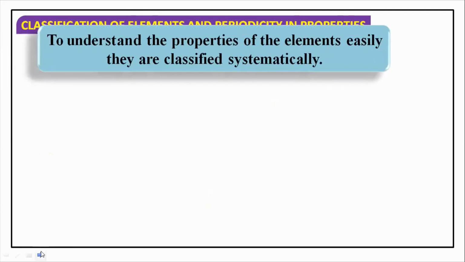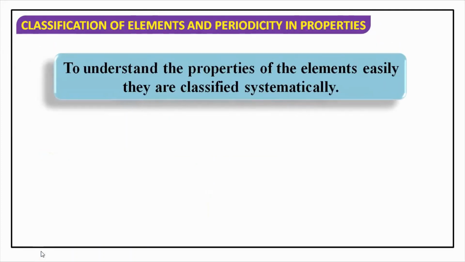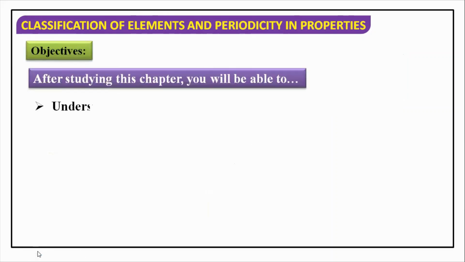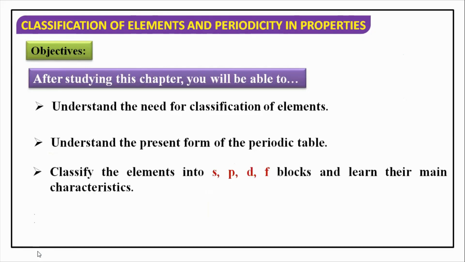We know such a bulk amount of elements, so we should understand the properties of the elements easily. They are classified systematically. The more easily you understand the properties, the more easily we can classify our periodic table. Now, why are we reading this chapter?